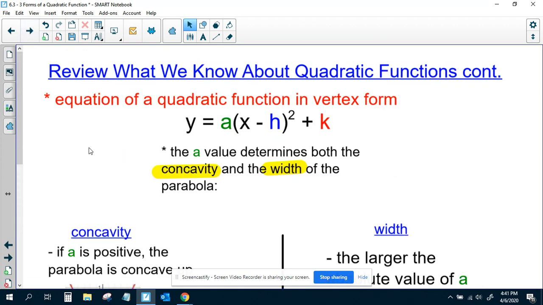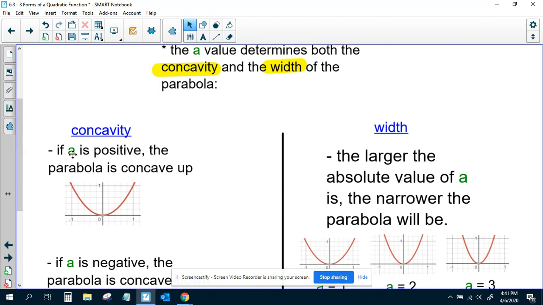There's also the a value. We've not talked about that in a little while, so we want to go back over that one. The a value determines both the concavity and the width of the parabola. If you recall, for concavity, if a is positive, the parabola is going to be concave up.